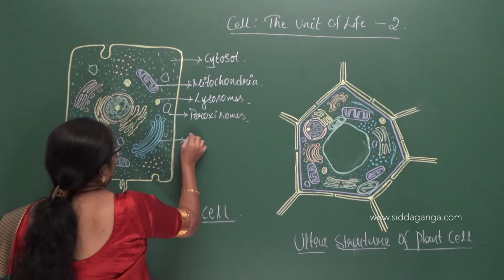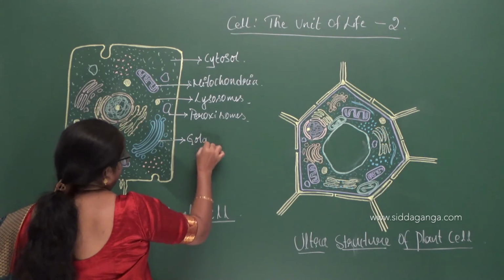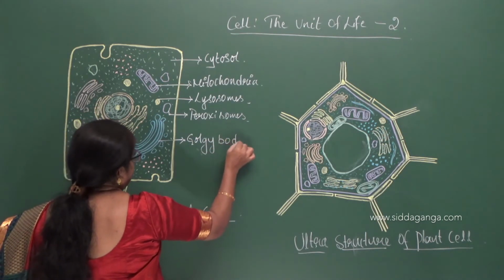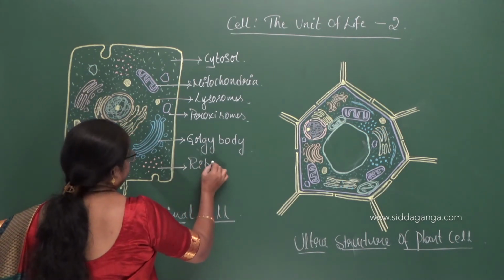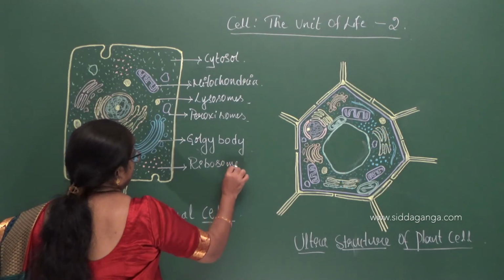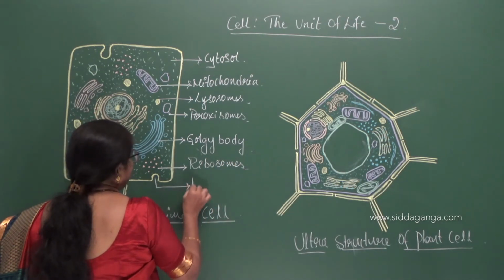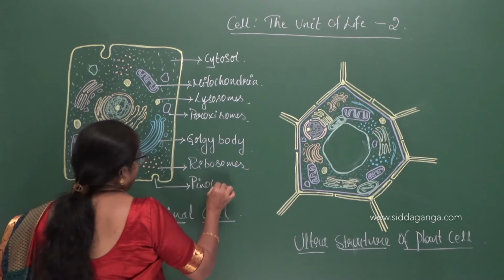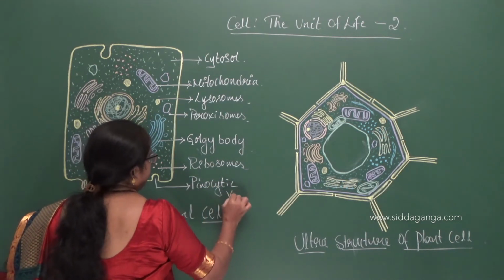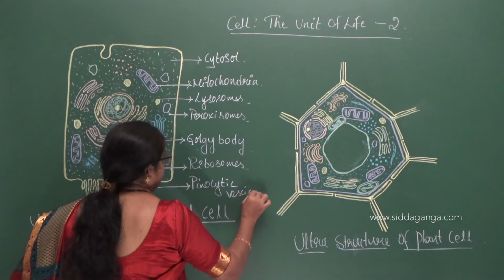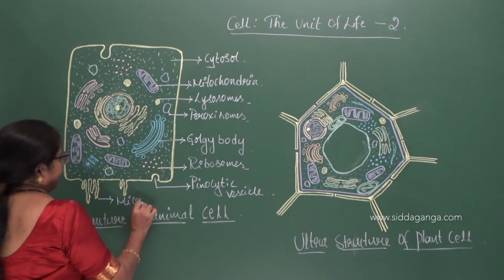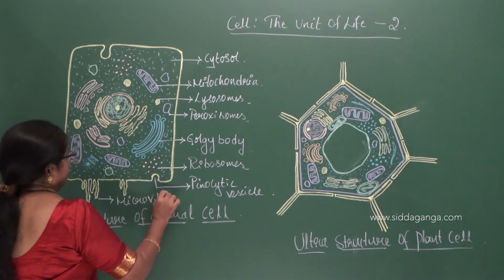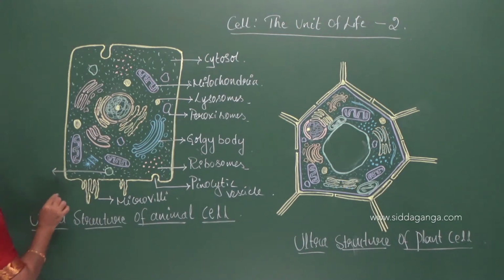These are Golgi body, ribosomes, this is a pinocytic vesicle, these are microvilli, these are peroxisomes.